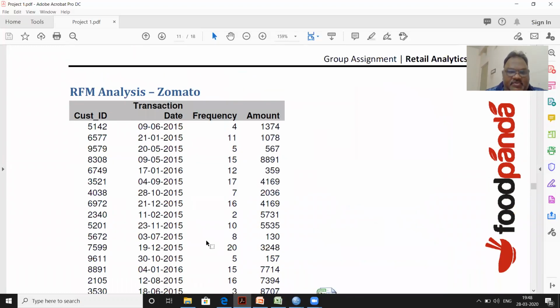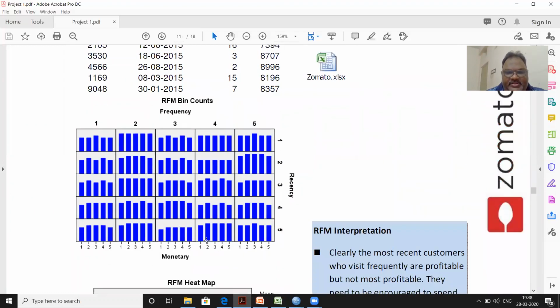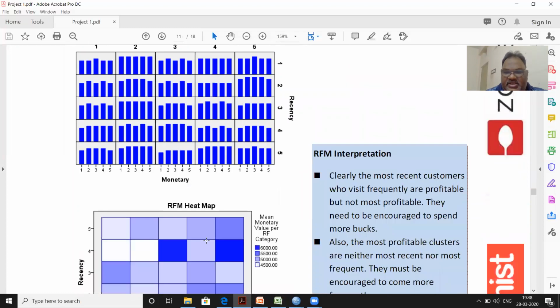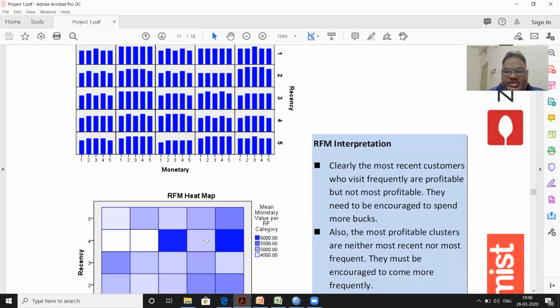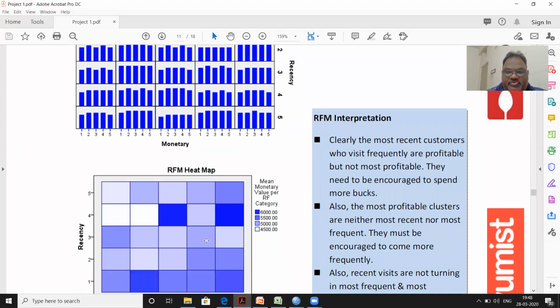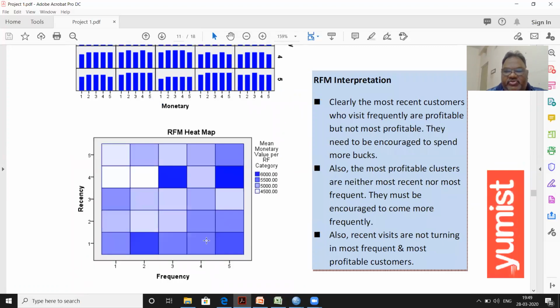This is for Zomato. Again, this information shows that the most recent customers who visit frequently are profitable but not most profitable. They need to be encouraged to spend more. Also, they analyzed that the most profitable customers are neither the most recent nor the most frequent, as you see here. And the recent visits are not turning into the most profitable.